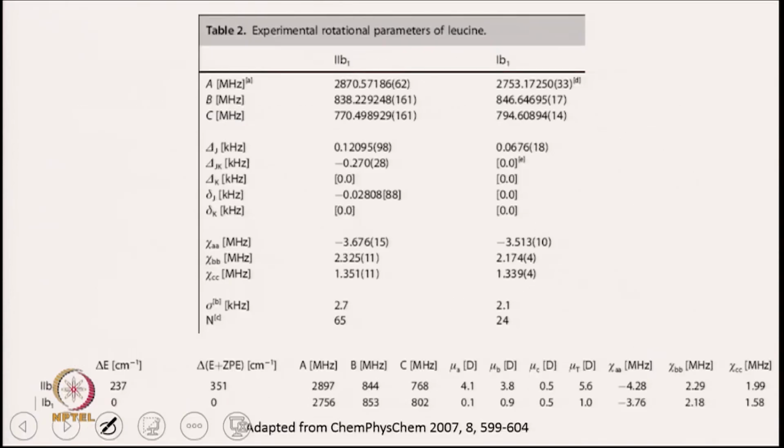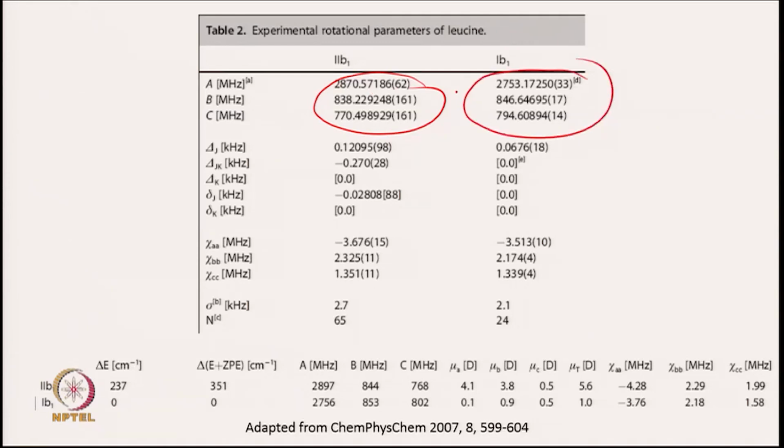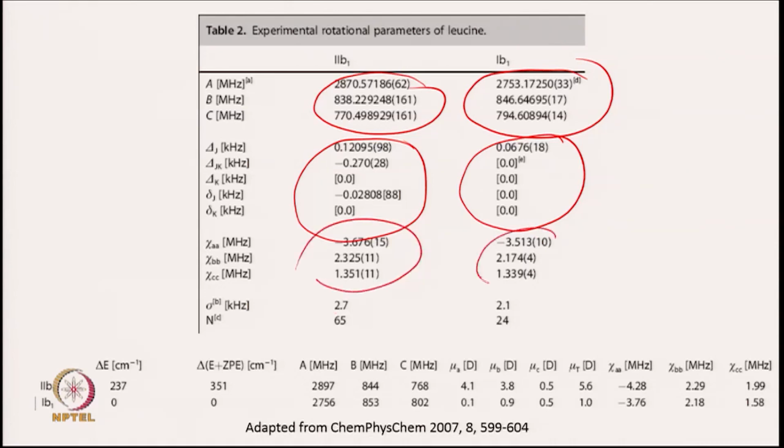You can see here that for 2B1, these are the values obtained by rotational spectroscopy: the rotational constants, the dipole moment values, and the nuclear quadrupole splitting. And these are the ones from the theoretical modeling.